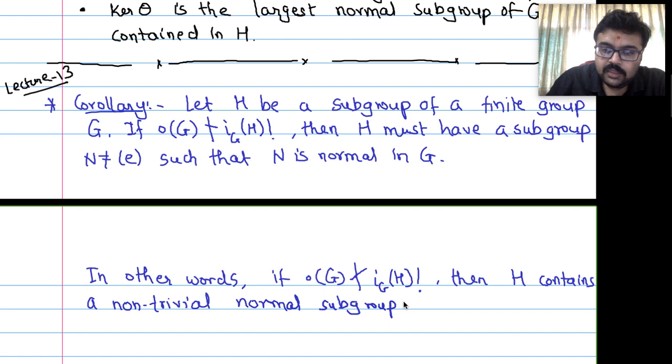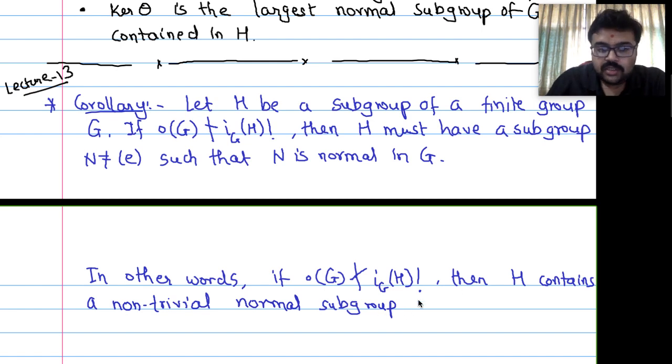and as you will see in the next unit, finding proper normal subgroups of a group is also important in some cases, to show that G is not simple. We are not going to that definition right now. We'll come to that, but for that this result is important. So we'll see a couple of examples of this.